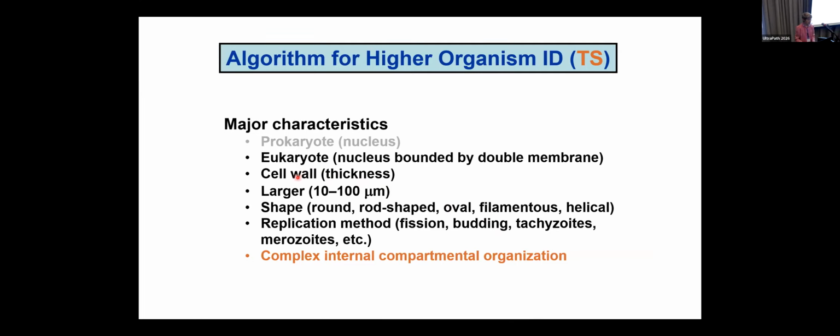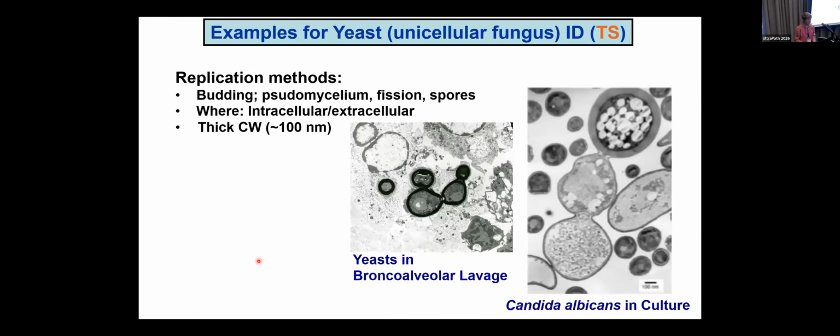What's the wall thickness? These guys are going to be larger, on the order of 10 to 100 microns, not nanometers. What are their shapes? How does it replicate? And especially look at the complex internal compartmentalization of the organelles.